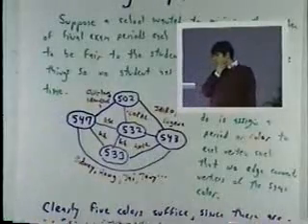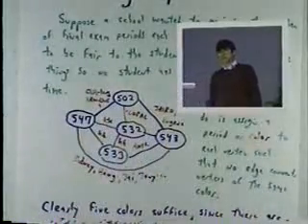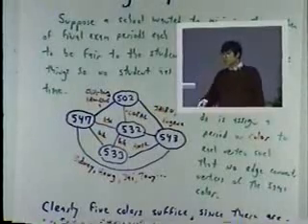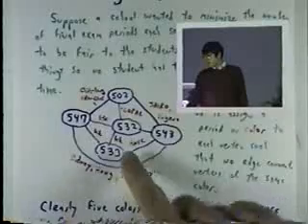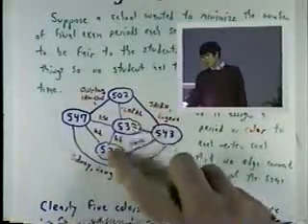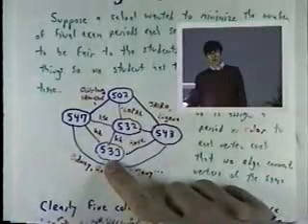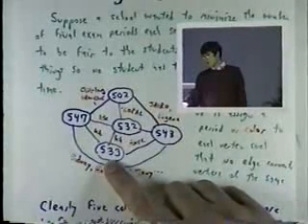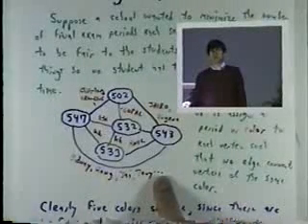What I claim we want to do is to find a way to color the vertices of this graph, namely to color the courses, in such a way that no 2 vertices connected by an edge get the same color. Further, we want to minimize the total number of colors used.